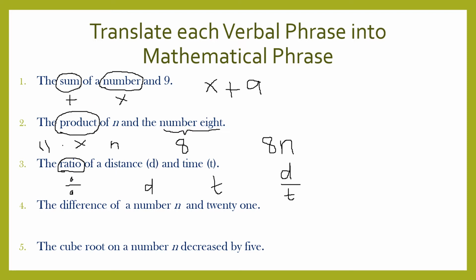Number 4, the difference of a number n and 21. So, the operation here: when we say difference, that is subtraction or minus. Of a number n, so we have a number n, and we have 21.